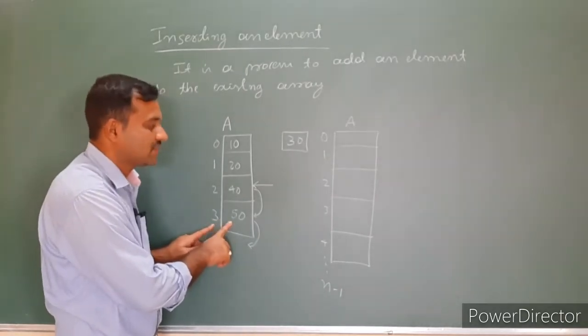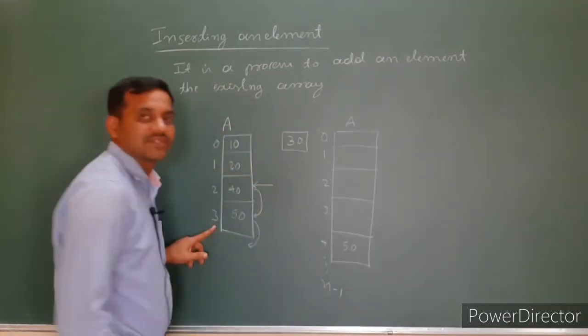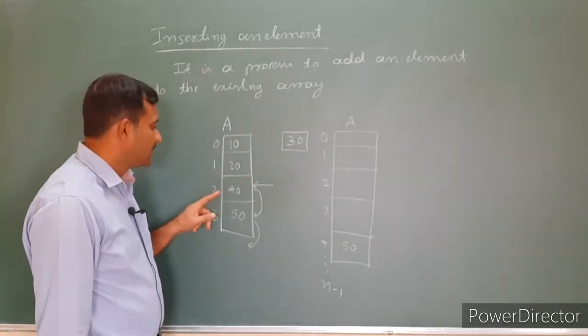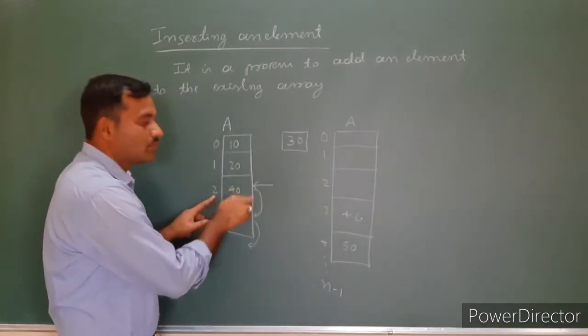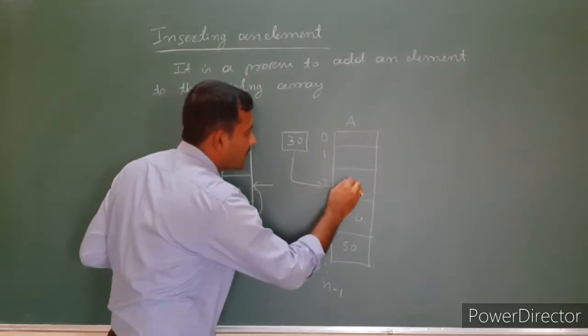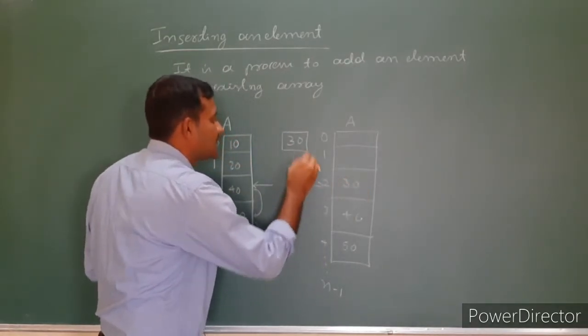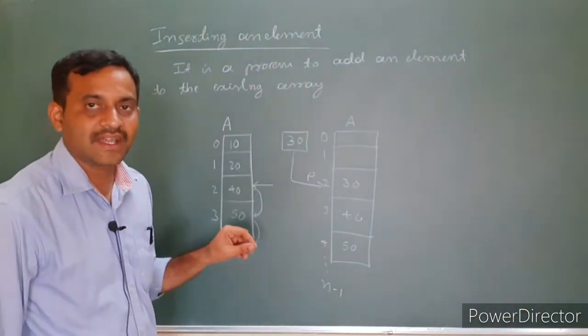We have to shift this to the fourth position. 50 is shifted to the fourth position. Then 40 is shifted to the third position. Then position 2 becomes empty. For this position we have to insert an element. This position we call position P.